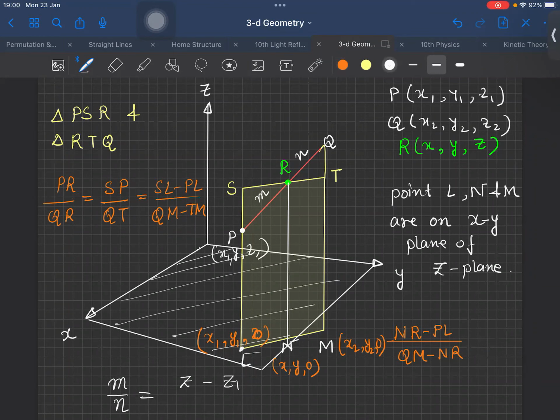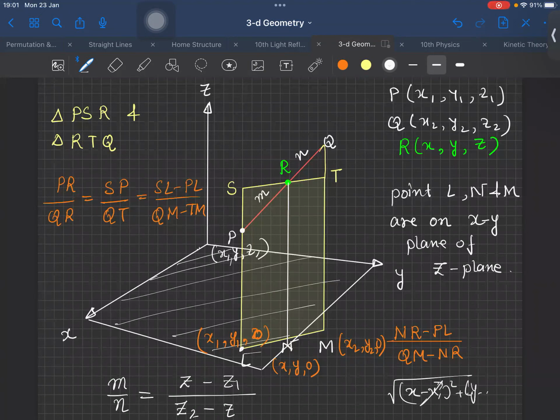So the distance NR will be Z, and PL will be Z1. Similarly, QM will be Z2 minus Z, because the distance formula is X minus X1 and so on for X, Y, and Z. Since X and X1 are the same, this value will be 0.